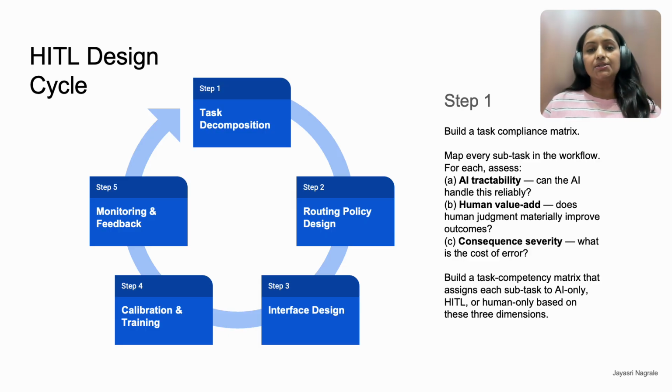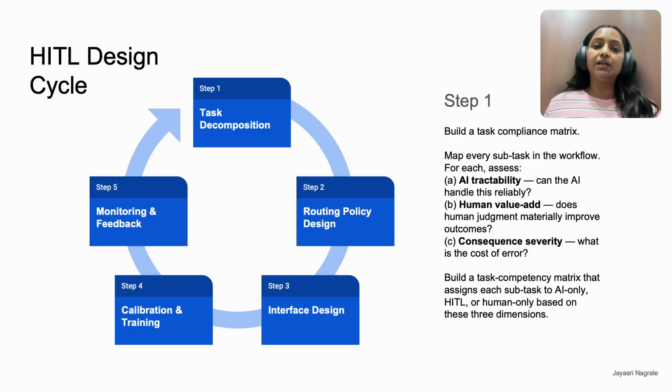The third parameter is consequence severity, and this is where most HITL systems do come into play. For each subtask, we ask what is the cost of error? What is the cost of the AI getting this wrong? Is it consequential? Is it really minimal? Then give it a score and do that for each subtask.